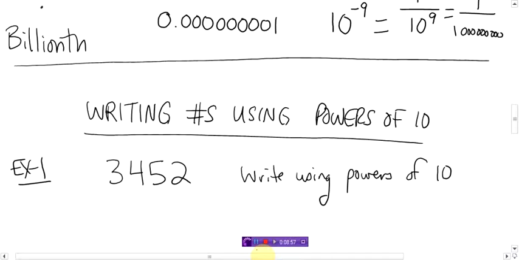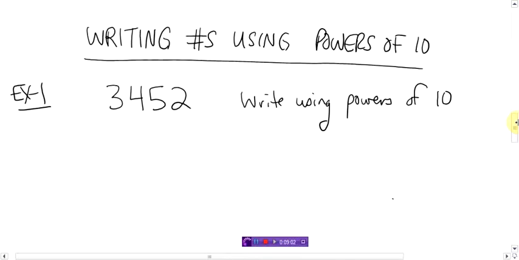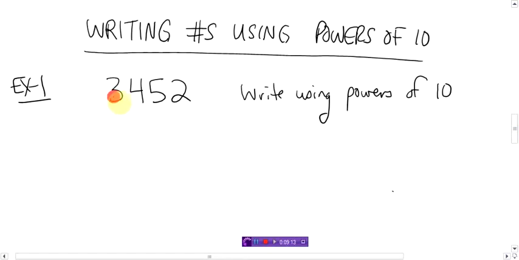Okay. Now you can, with that knowledge, do something that is kind of goofy, actually. I admit it's kind of silly doing this, but being able to write numbers using powers of 10. I guess it's just more practice identifying or writing powers of 10. So you take a number like this, 3,452.